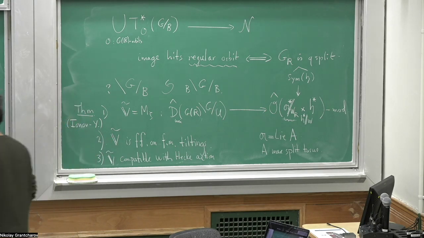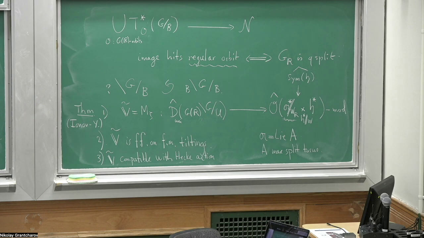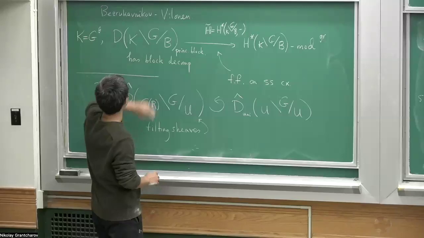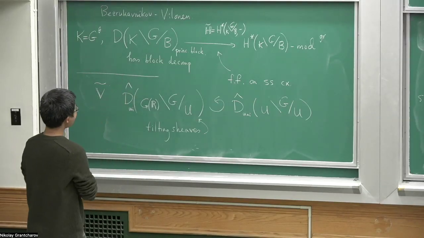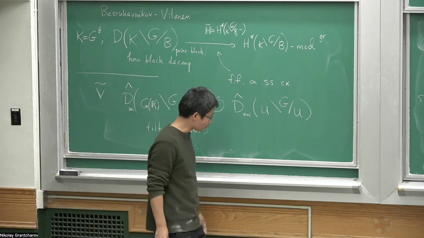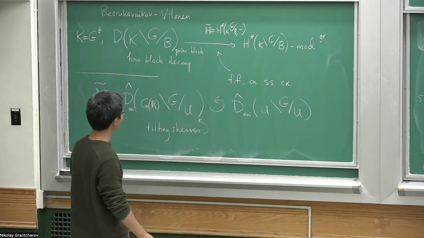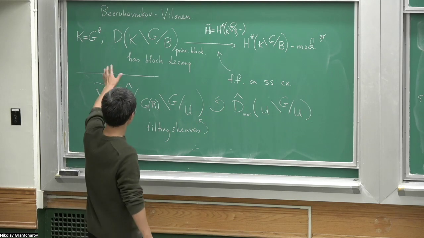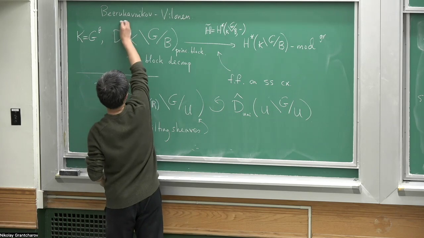Yeah, so using this, coupled with the equivariant version proved by Bezrukavnikov and Dhillon, we can prove a Koszul duality statement for real groups, for quasi-split real groups. So that was already proved by Bezrukavnikov and Dhillon.